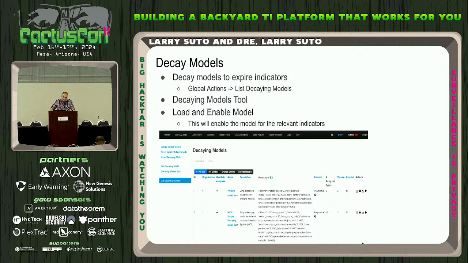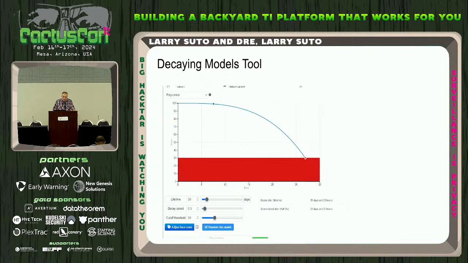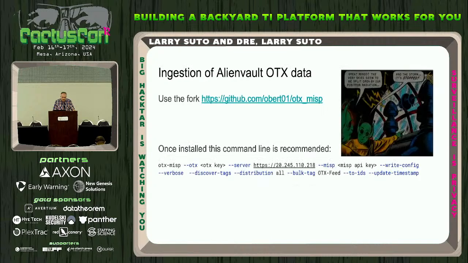So as the intelligence gets stale, or it's not as important, this decay model will help kind of prune the events. And then there's actually a tool in there in the MISP UI where you can create your own custom decay model for the events that matter to you.